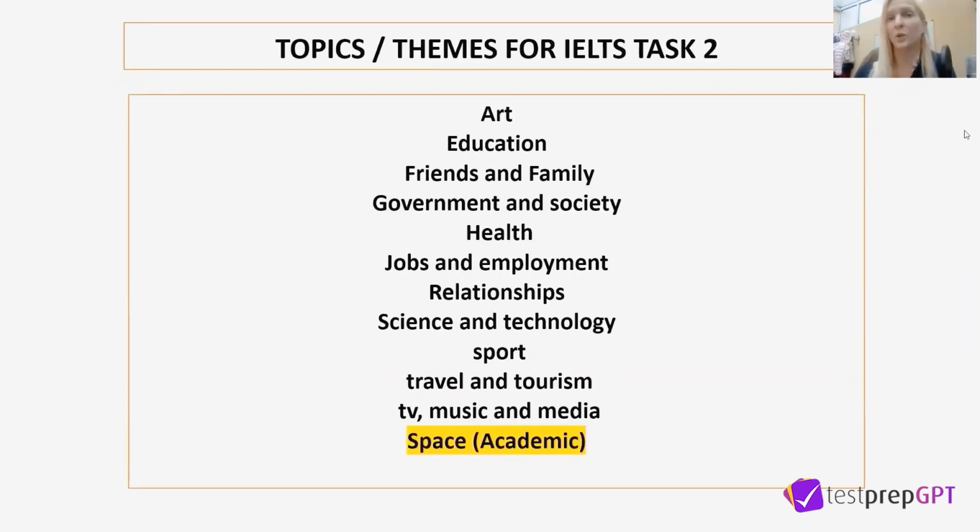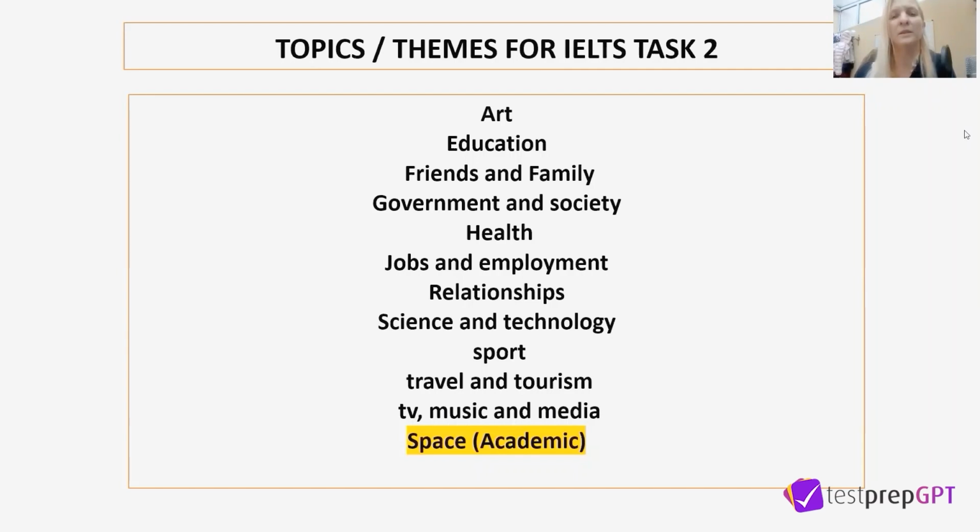Again, here's just a quick review of topics and themes that may come up for writing task 2: art, education, friends, family, government, society, health, jobs, employment, relationships, science and technology, sports, travel and tourism, TV, music, media, and then space generally in the academic, and also economy could come up.